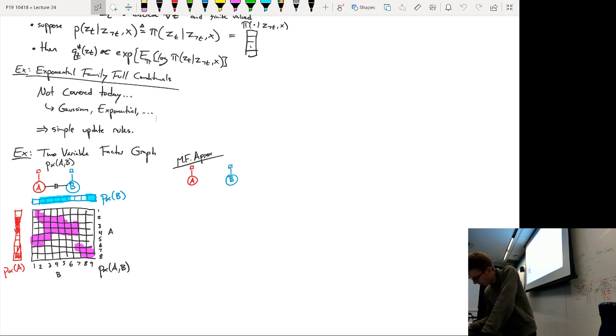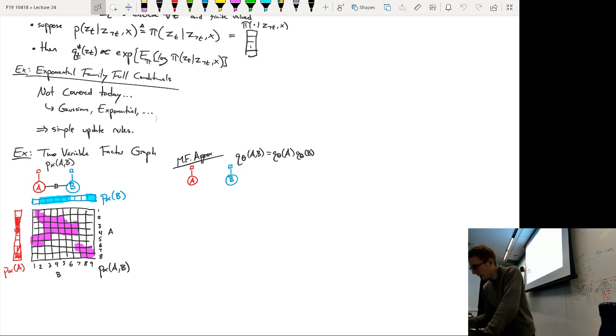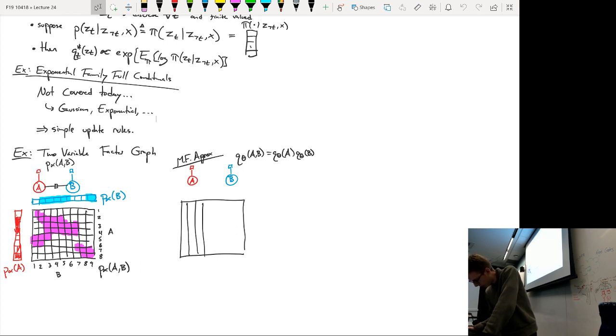So the mean field approximation is Q theta of AB equals Q theta of A times Q theta of B. Essentially what mean field is saying is that we're able to reconstruct a joint distribution that approximates the true joint distribution.